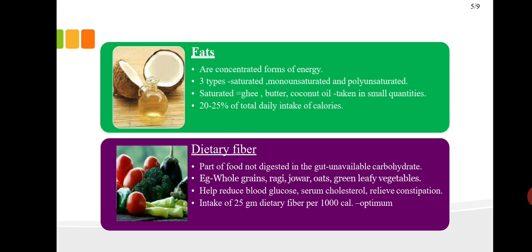A high saturated fat intake has been associated with a higher risk of impaired glucose tolerance and higher fasting glucose and insulin levels. The fats are of mainly 3 types: saturated, monounsaturated and polyunsaturated. Saturated fats such as ghee, butter and coconut oil should be taken in small quantities.